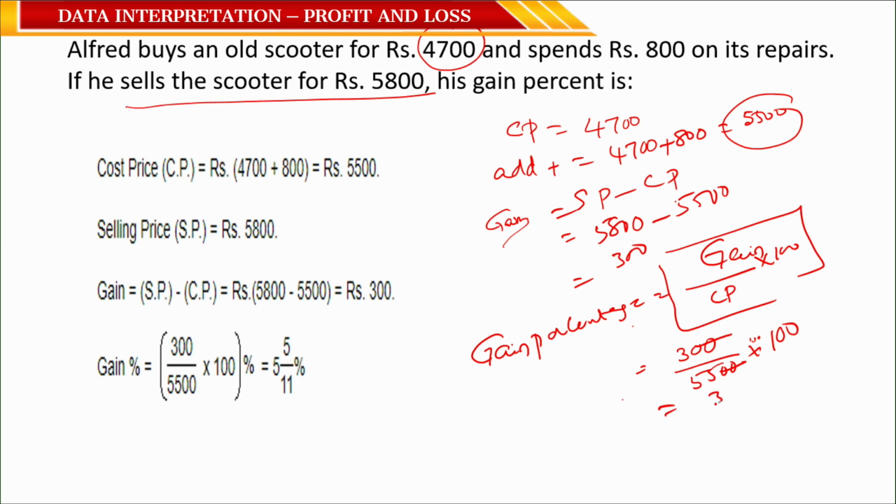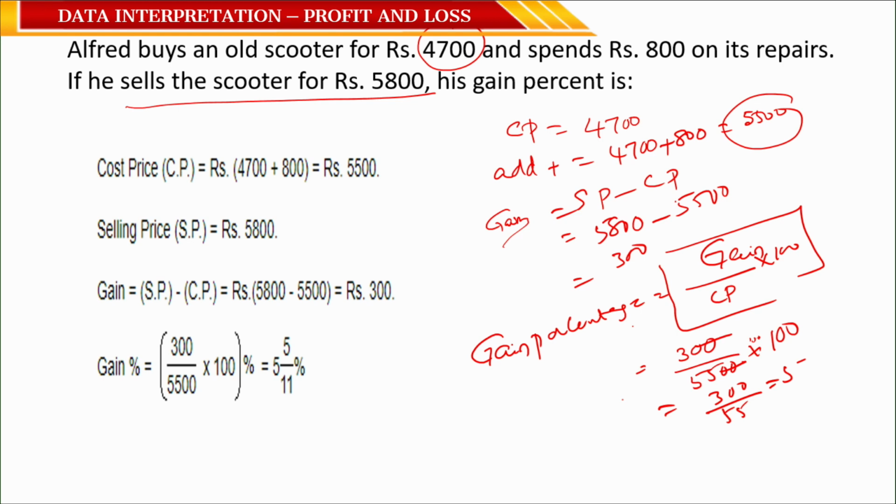It is simply 300 by 55. 55 fives are 275, and 25 remains.